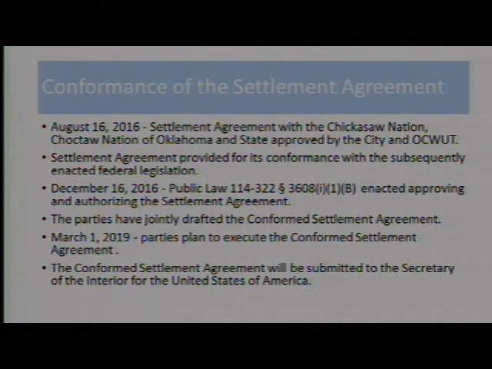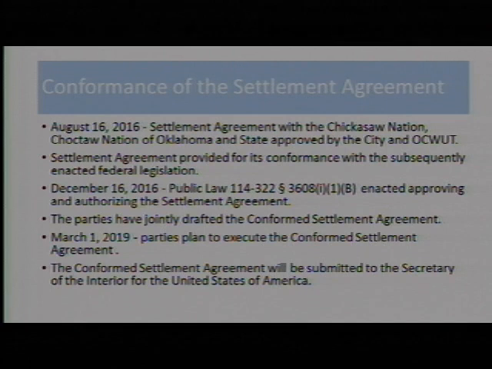On December 16, 2016, the President signed Public Law 114-322, which approved and authorized the settlement agreement. Since then, the parties have jointly worked together to conform the settlement agreement to the Settlement Act, the federal legislation. The parties have agreed to execute the conformed settlement agreement on March 1st, 2019.